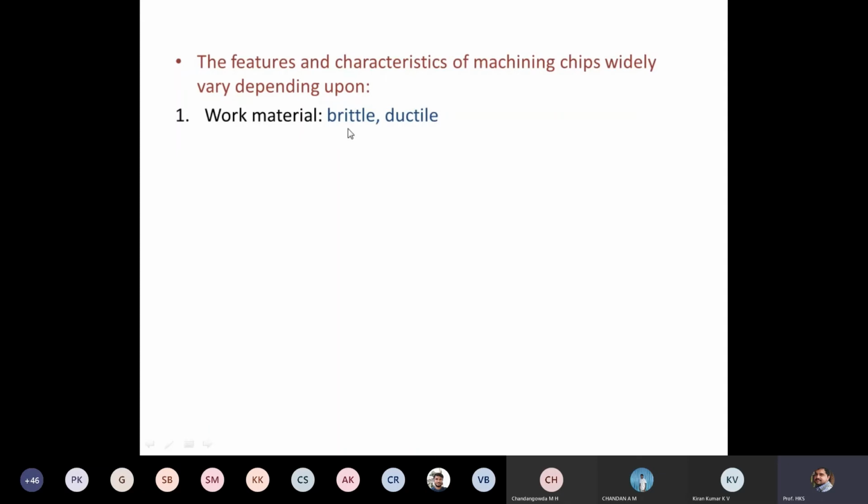Glass. Copper is a ductile material. Then gold, copper, aluminium, mild steel, all these are ductile materials. Cast iron is the brittle material.